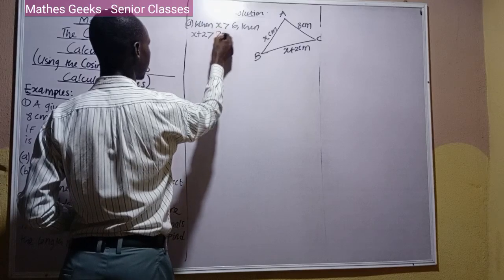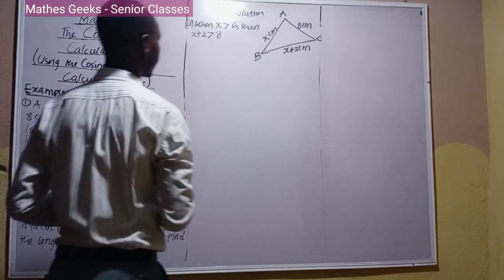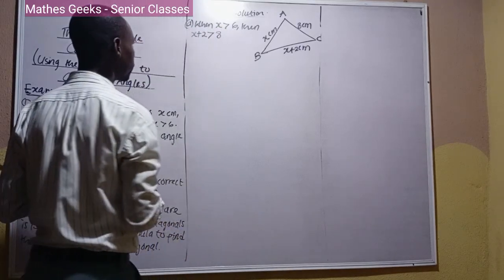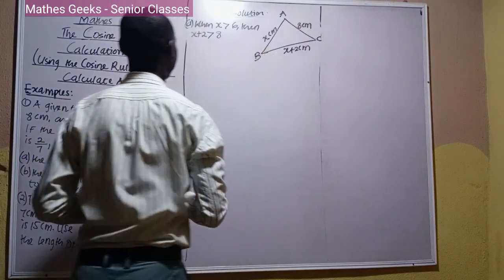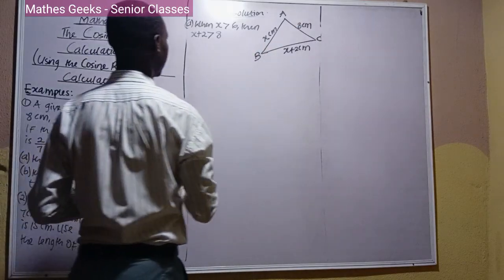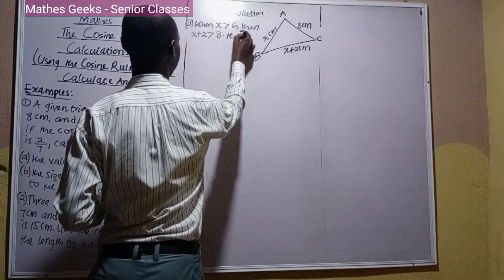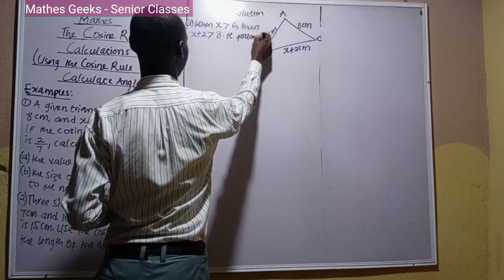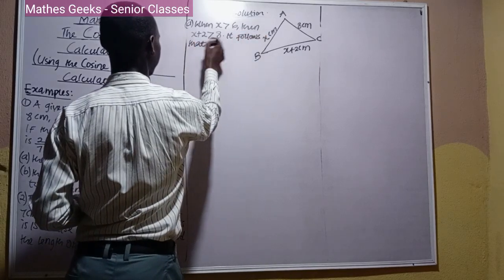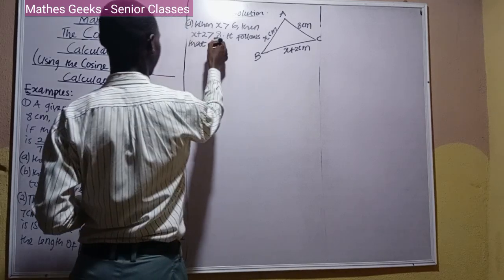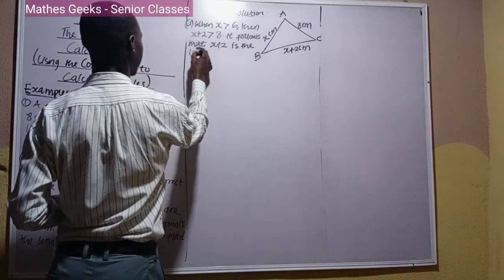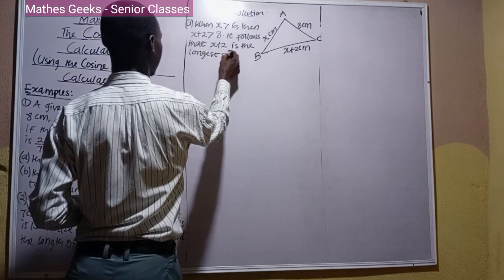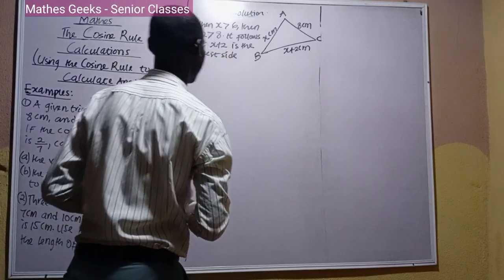Yes, because x is greater than 6, so it could be 7. 7 plus 2 is 9, and 9 is greater than 8. That means x plus 2 is greater than 8. So it follows that x plus 2 is the longest side.